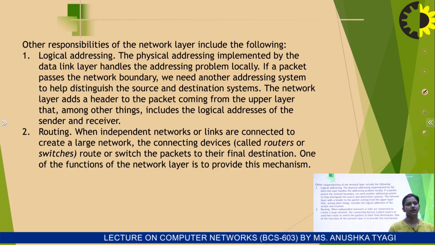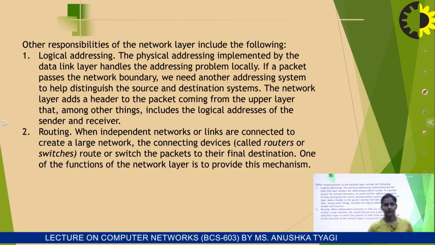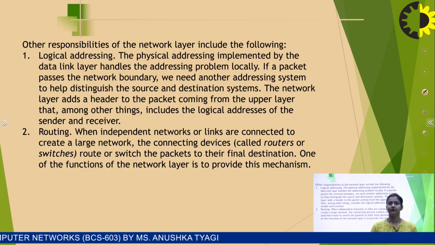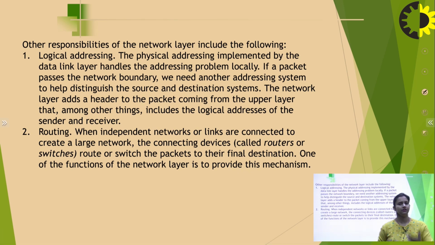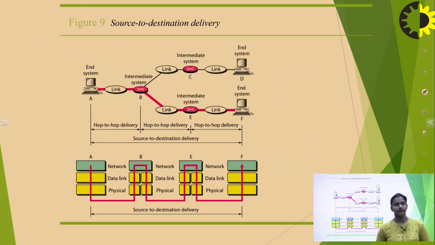One of the functions of the network layer is to provide logical addressing. The physical addressing implemented by the data link layer handles the address problem locally. If a packet passes the network boundary, we need some type of source and destination address. So we add the source and destination address to the header. Now we have source to destination delivery.